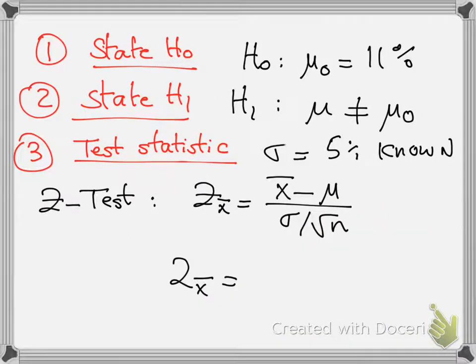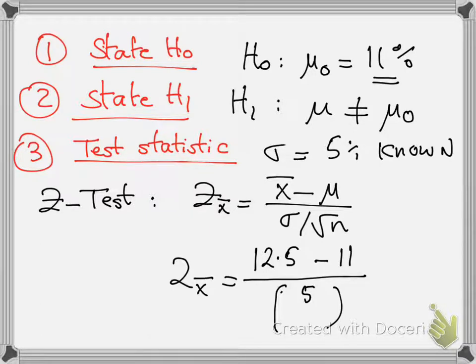So x bar is 12.5% minus mu, that's our null hypothesis H0, so it's 11. So it's 12.5 minus 11, over sigma, which is 5%, so 5 over square root of n. The n is the size of the sample.